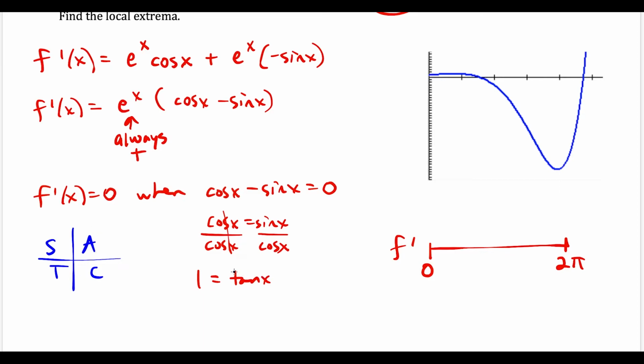So the first time in quadrant 1 tangent equals 1 is when x equals pi over 4 radians, also known as 45 degrees, and that's a quadrant 1 answer. But now, what's the actual angle in quadrant 3? Well, then our reference angle would be pi over 4 radians, or 45 degrees.